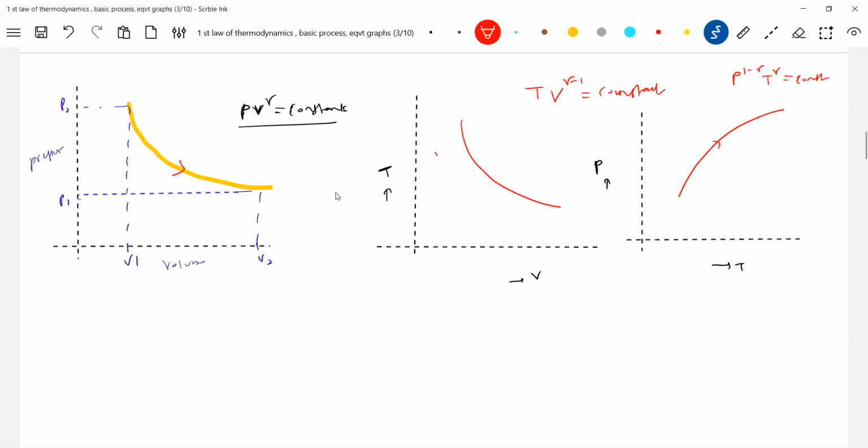So how can we check it here? The simplest thing: dP by dV is equal to minus gamma P by V, the slope. Similarly, dT by dV, you have to differentiate it. Let me write directly, differentiating this.